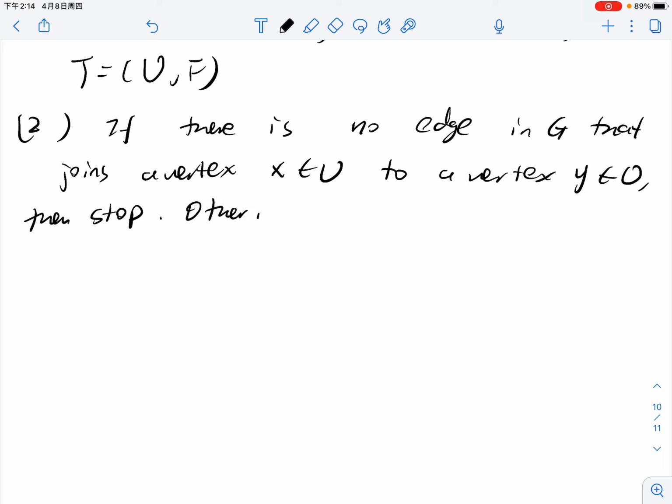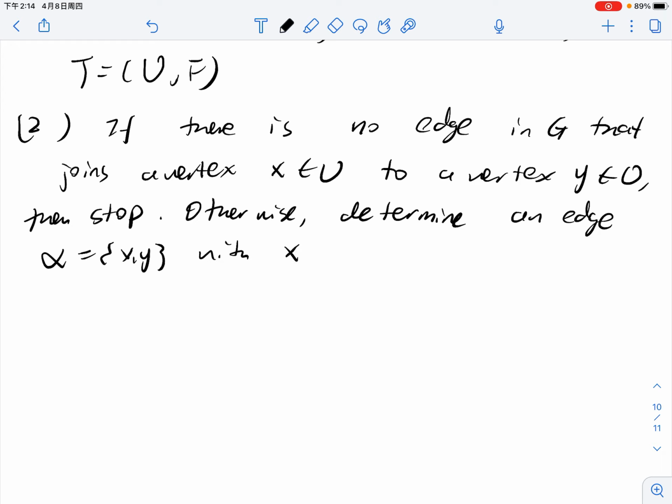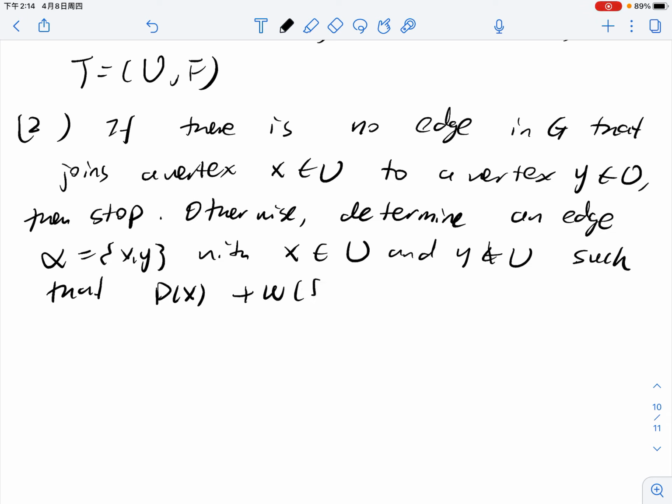Otherwise, determine an edge alpha with one endpoint x in U and the other endpoint y in V minus U, and most importantly, d_x plus omega_xy is smallest.